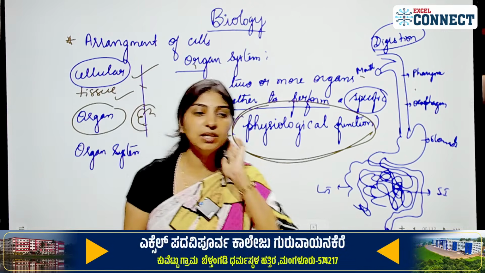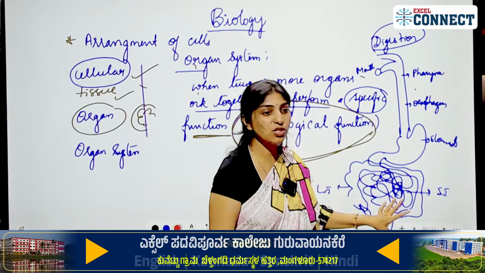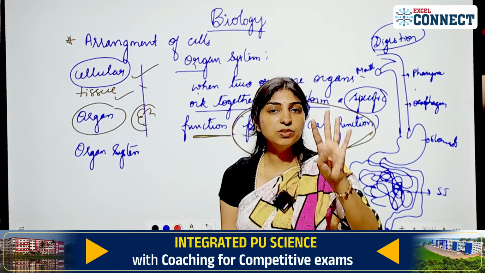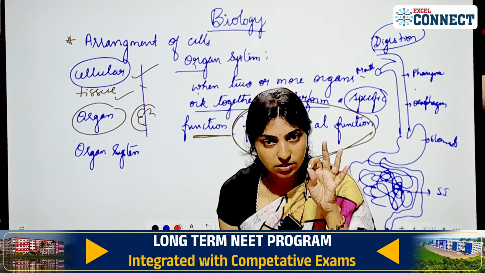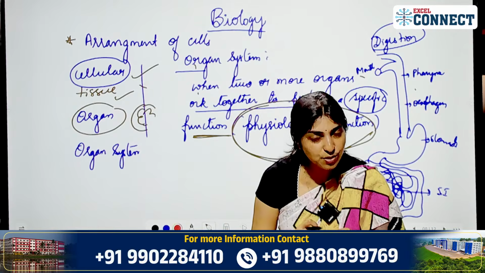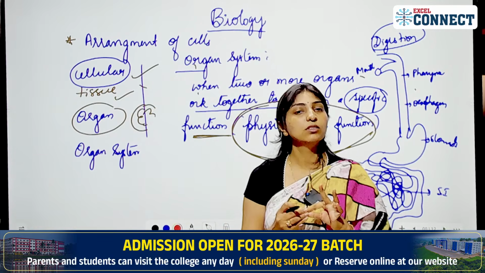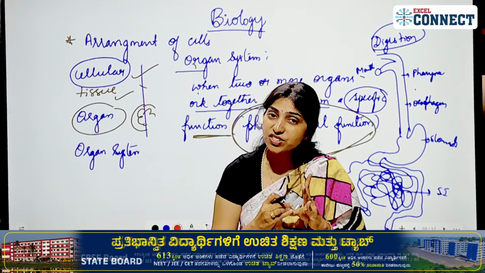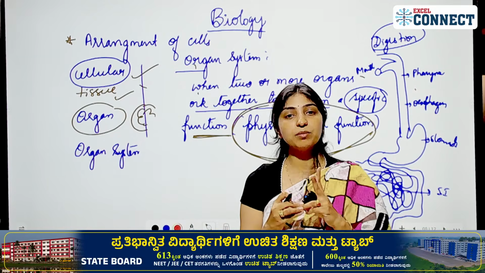Example for organ system. Can you give an example? If I take organ systems, the digestive system is one of the organ systems, the circulatory system is one, the respiratory system is one, the excretory system is one, correct?